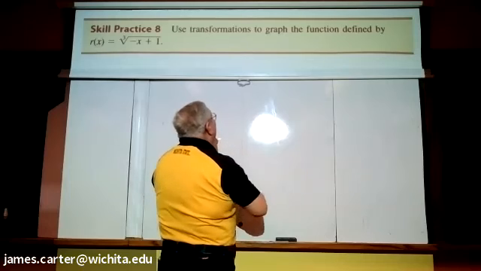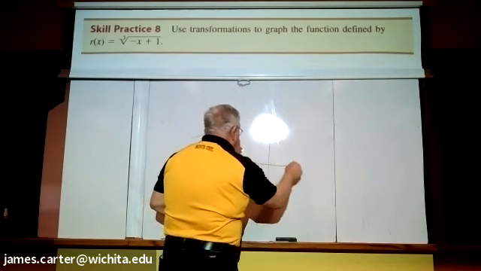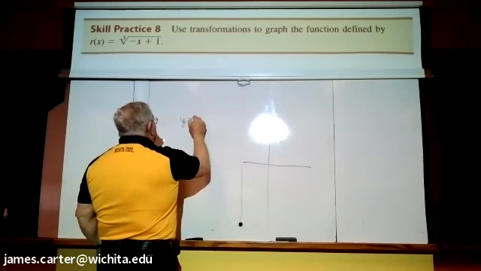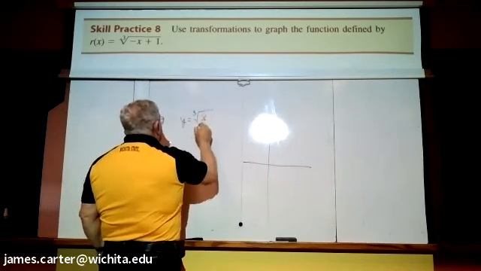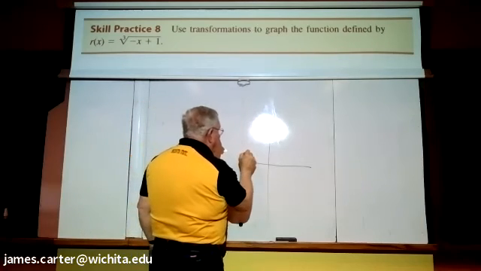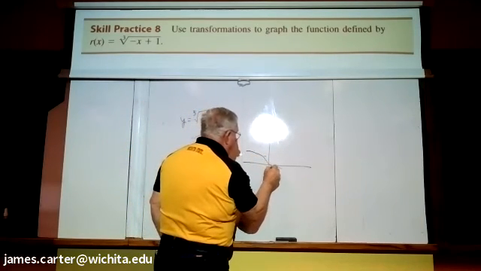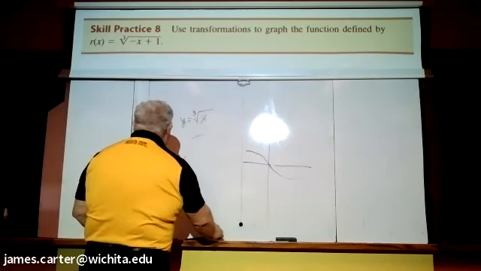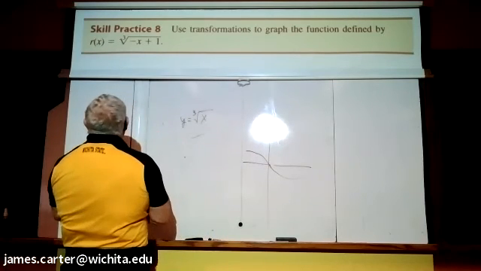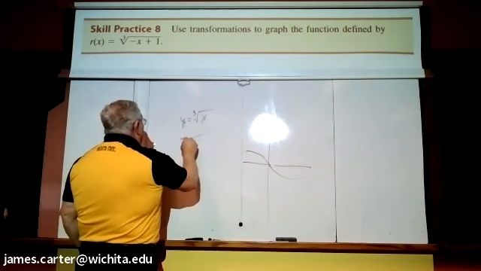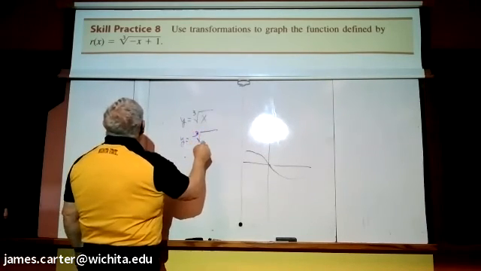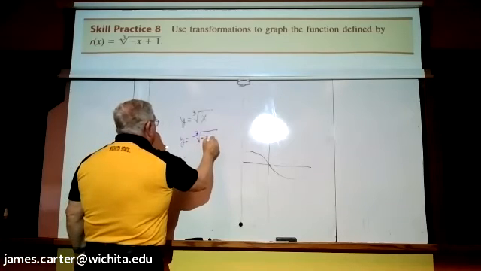So the basic curve for y equals cube root of x, I'm going to do in black, is going to look something like this. Now, cube root of negative x plus 1.